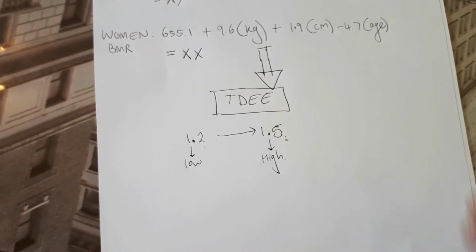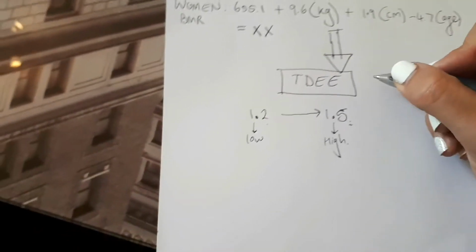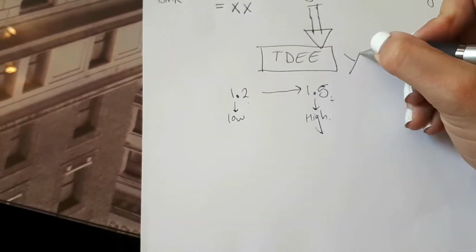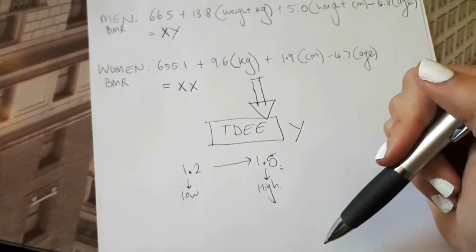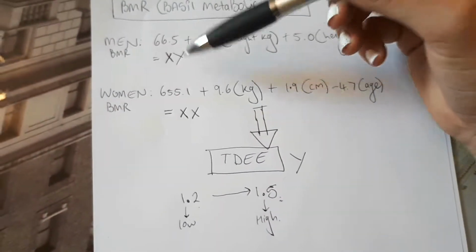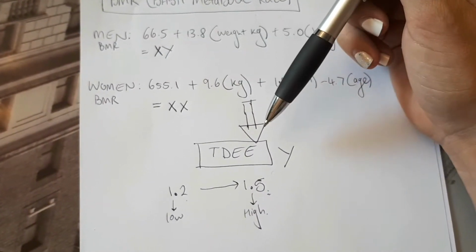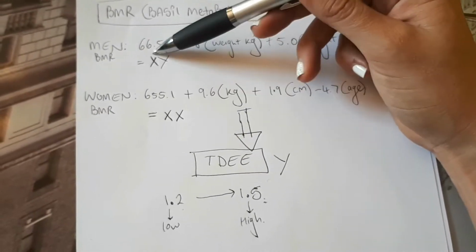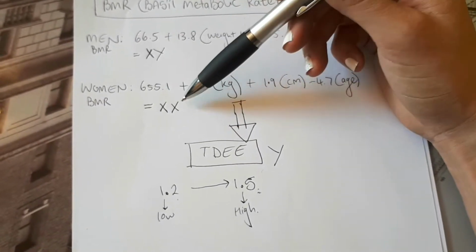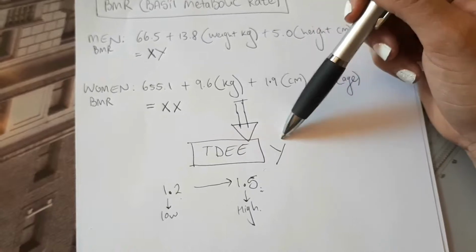What I'm going to do is call my TDEE Y. Again, they said you'd never need algebra, and here I am busting algebra out like no one's business. So we have XY, XX, male, female, and Y is your TDEE.